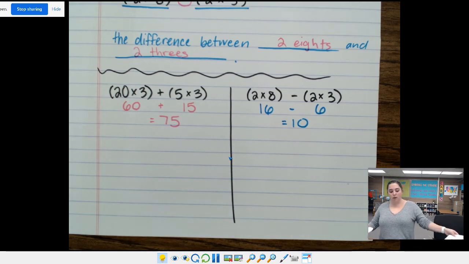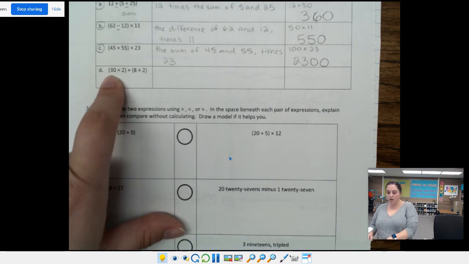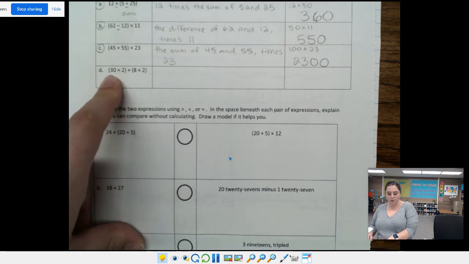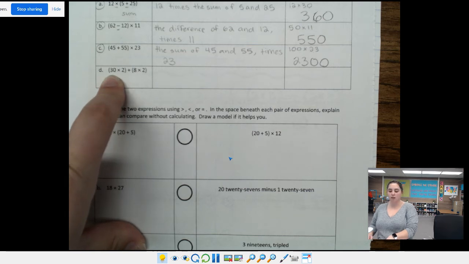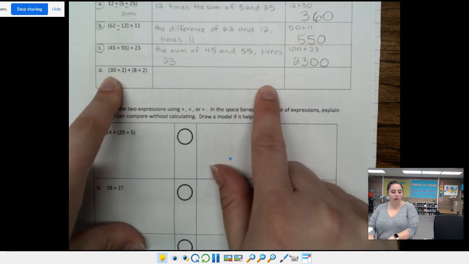So here is the question I want you to practice with. It is 2D on our lesson 3 problem set, which is on page 136. If you don't have it, that's okay. Still write it, but you can do it on a piece of paper or on your whiteboard.